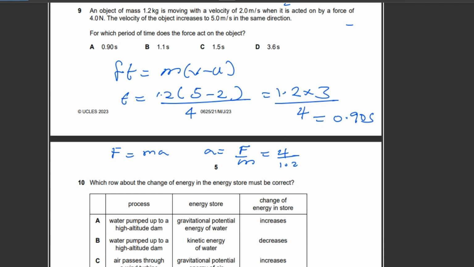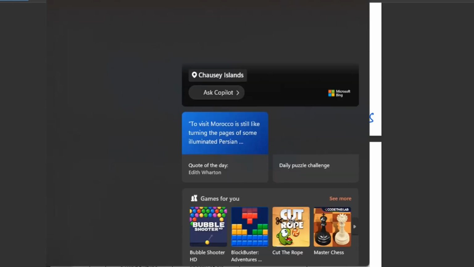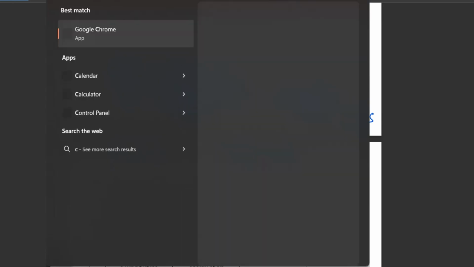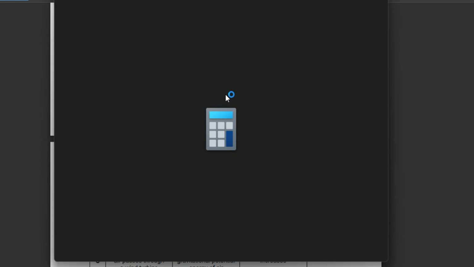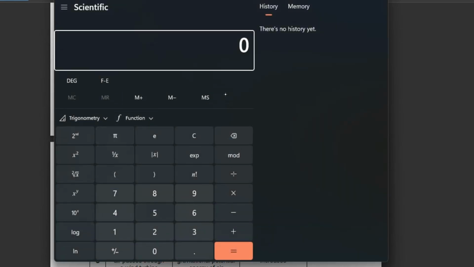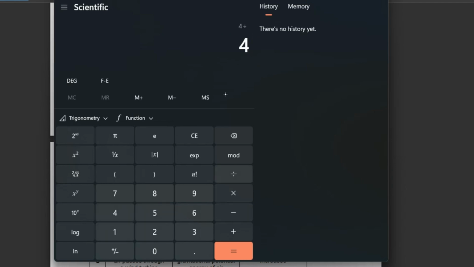So let me take a calculator up here. You can just do 4 divided by 1.2.